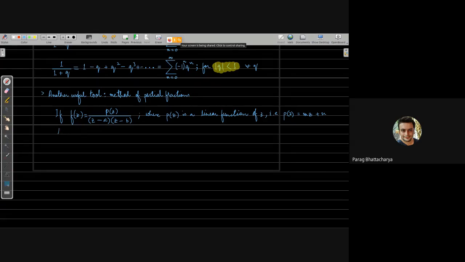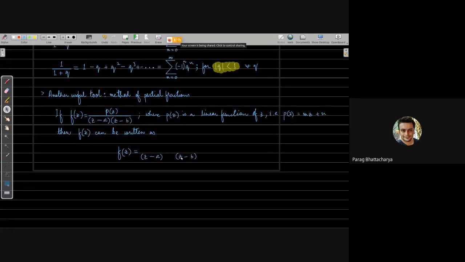Then f of z can be written as follows. The first factor is z minus a, and the second factor is z minus b. So we could write this in terms of two fractions, one containing the first factor, another containing the second factor, z minus a and z minus b.